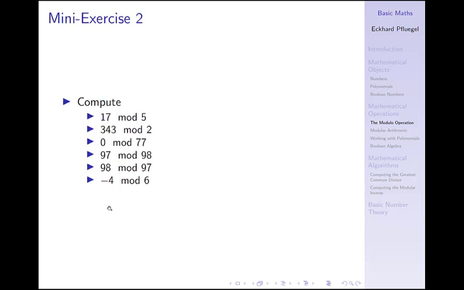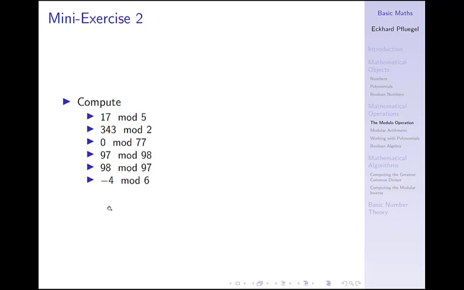So for this second mini exercise, simply try to exercise the use of the modulo function by computing 17 mod 5, then a bit of a bigger number, 343, but a very small modulus. And remember, mod 2 is very simple. You can literally see this straight away.